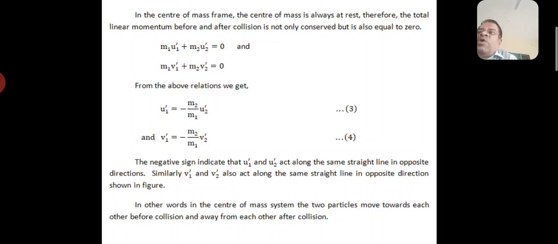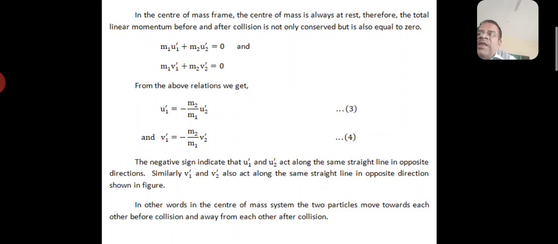That is m1 u1 dash plus m2 u2 dash equals 0 and m1 v1 dash plus m2 v2 dash equals 0. From the above relations, we get u1 dash equals minus m2 by m1 into u2 dash and v1 dash equals minus m2 by m1 into v2 dash.